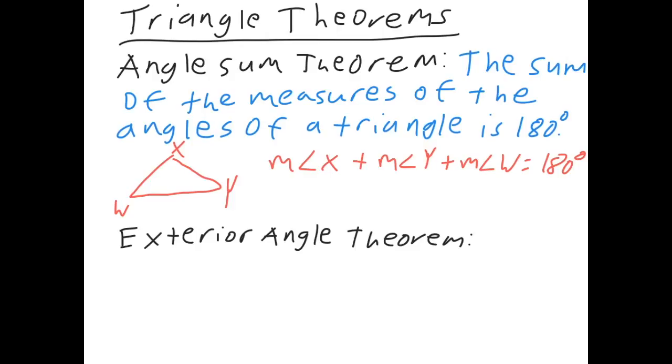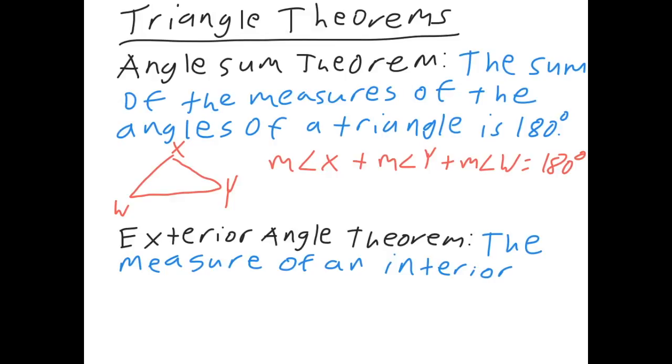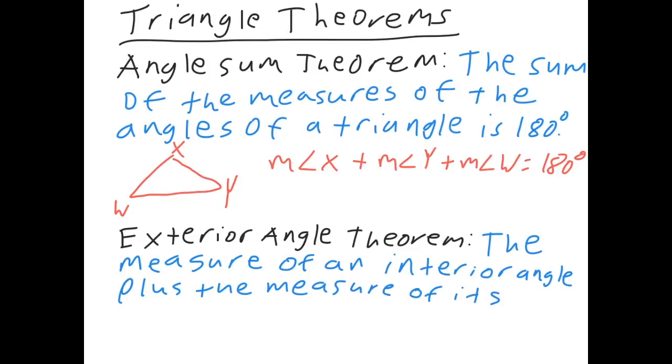So that says the measure of an interior angle plus the measure of its exterior angle is 180 degrees.